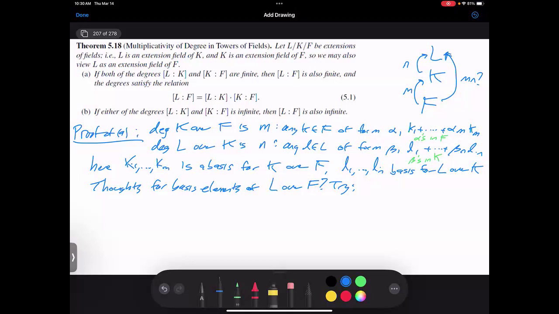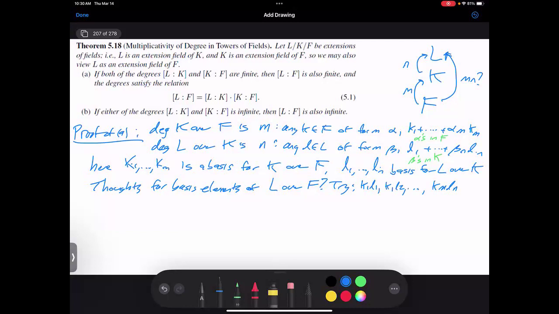There aren't that many ways to get m times n objects. Yeah, so try K1 L1, K1 L2, dot dot dot, all the way down to Km Ln. That gives me m times n objects.